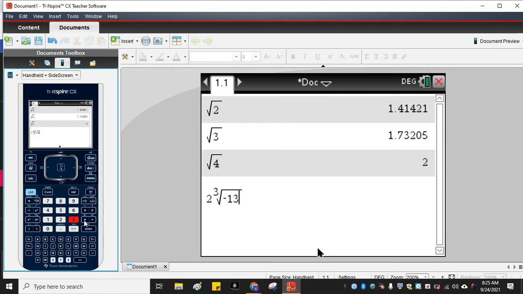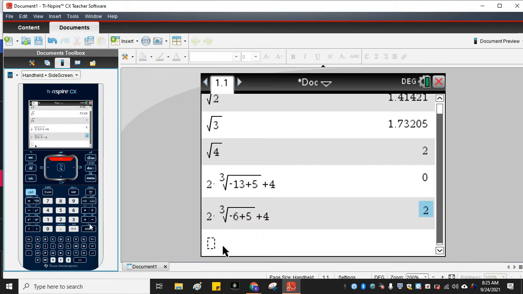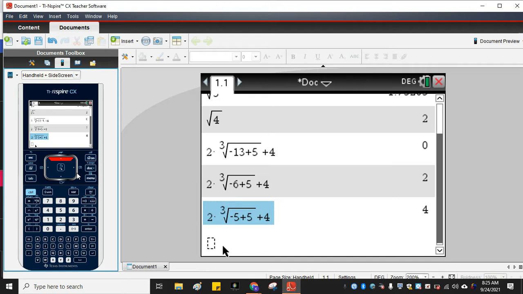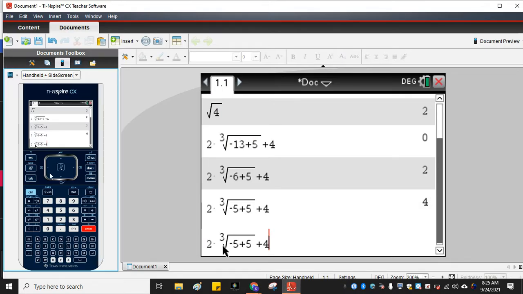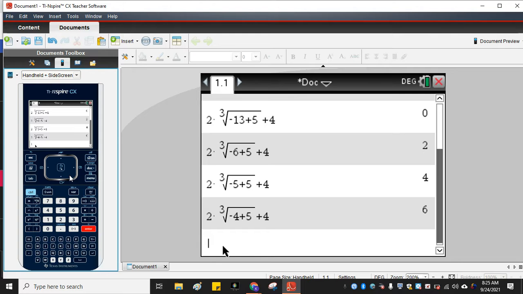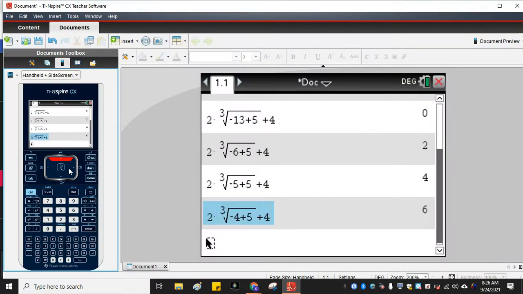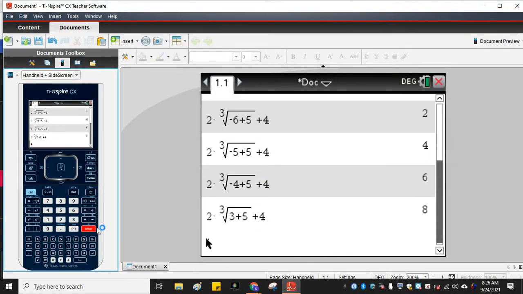So the x values are negative 13, negative 6, negative 5, negative 4, and 3. And the y values are 0, 2, 4, 6, and 8.